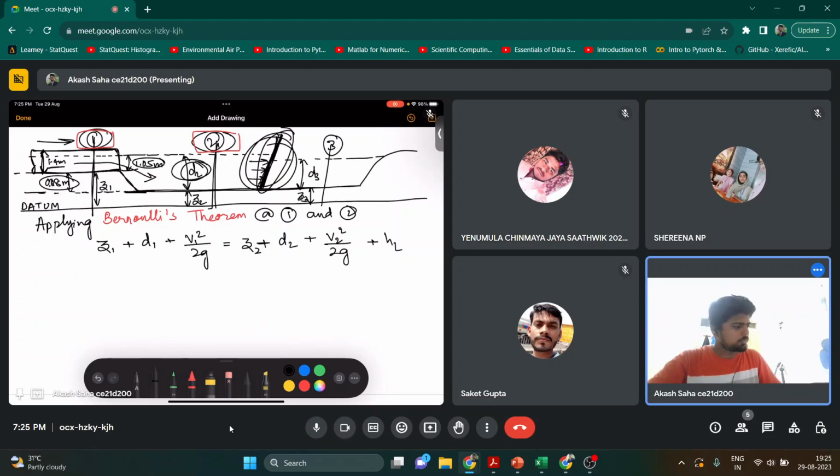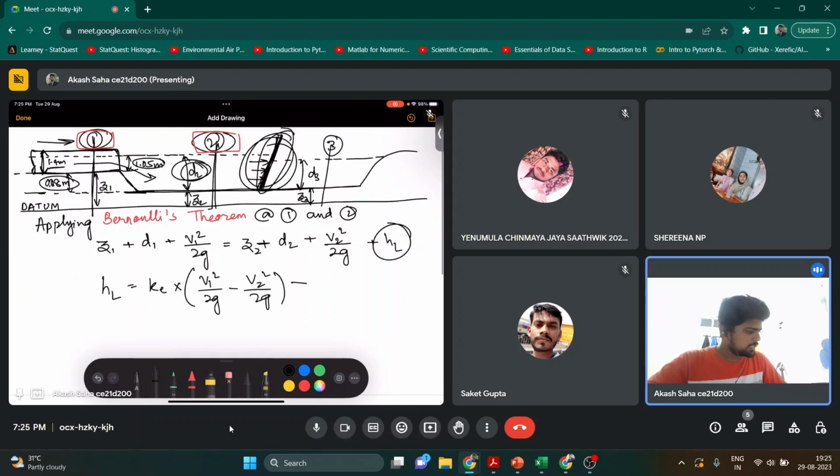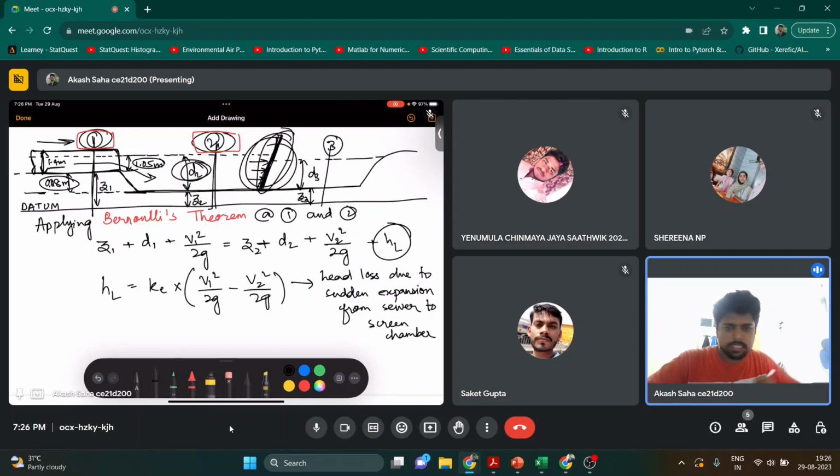Here the head loss HL will be calculated as KE into V1 square by 2G minus V2 square by 2G. This is the head loss due to sudden expansion from the sewer to the screen chamber.